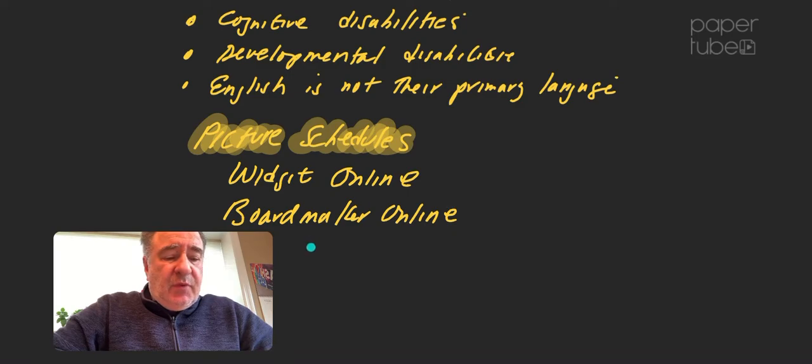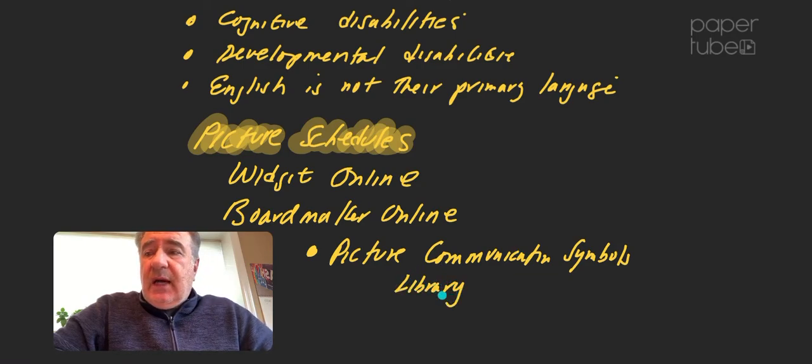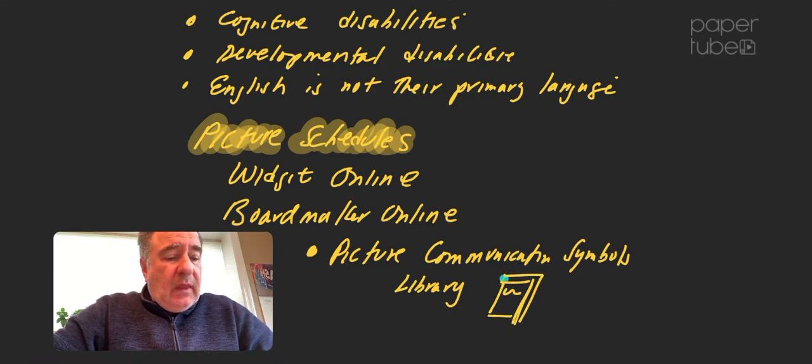And with each of these programs, they provide picture communication symbols. So they're basically a library of symbols or pictures, usually icons. So you might find an icon that looks something like this for a book.